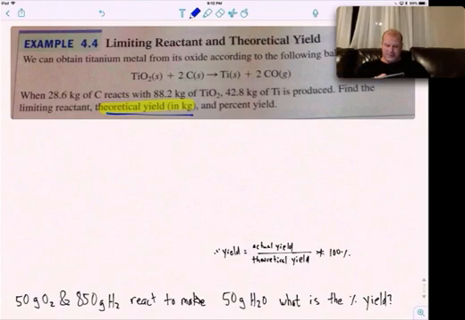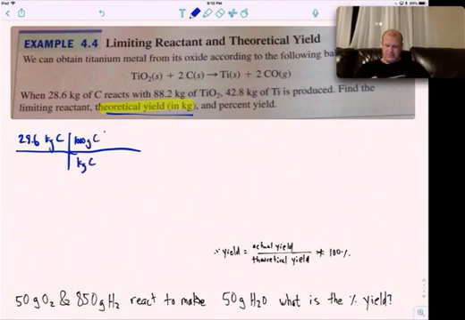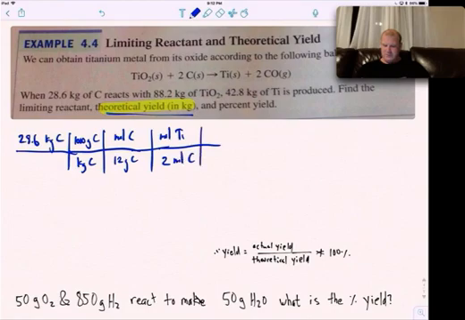So we have 28.6 kilograms carbon, 1,000 grams carbon per kilogram carbon, 1 mole carbon to 12 grams carbon, and we have 1 mole titanium to 2 moles carbon. And what is the molecular weight of titanium?